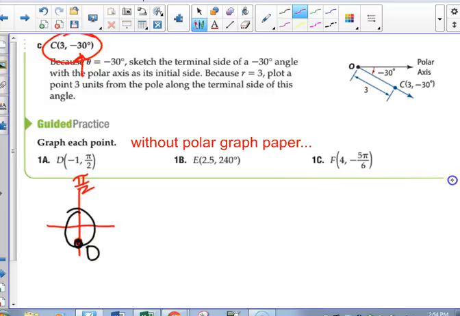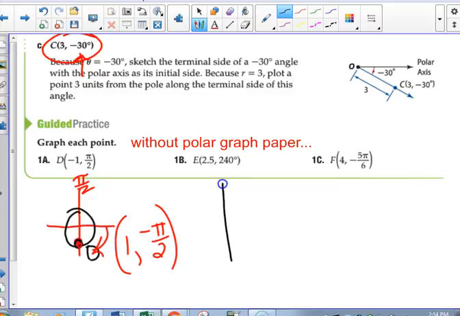Okay, 0 would not be good because 0 means it has a radius of 0. Negative pi over 2 with a positive 1, would that work, guys? The same spot? So you went this way pi over 2 and then out 1? Okay, that's good. We'll just stick with one name for the moment. We're going to talk about eventually how you have to have lots of names.